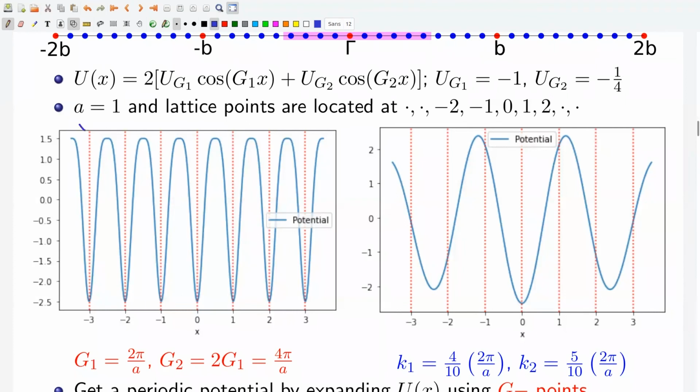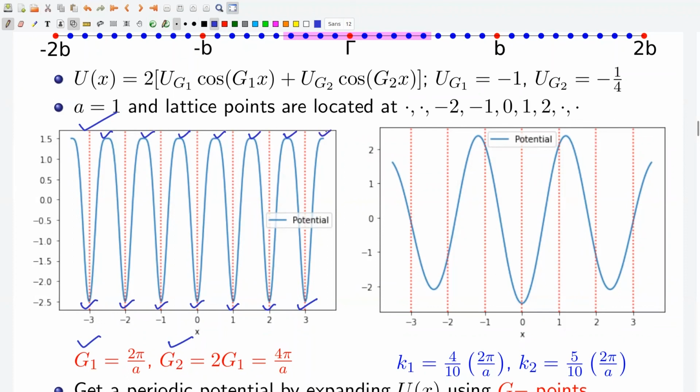The first figure from the left shows the potential u of x when it is expanded in terms of 2 G points. Red dashed lines show the location of the lattice points. As expected, the potential has the periodicity of the lattice. Potential is minimum at every lattice point and it is maximum in the middle of 2 lattice points.